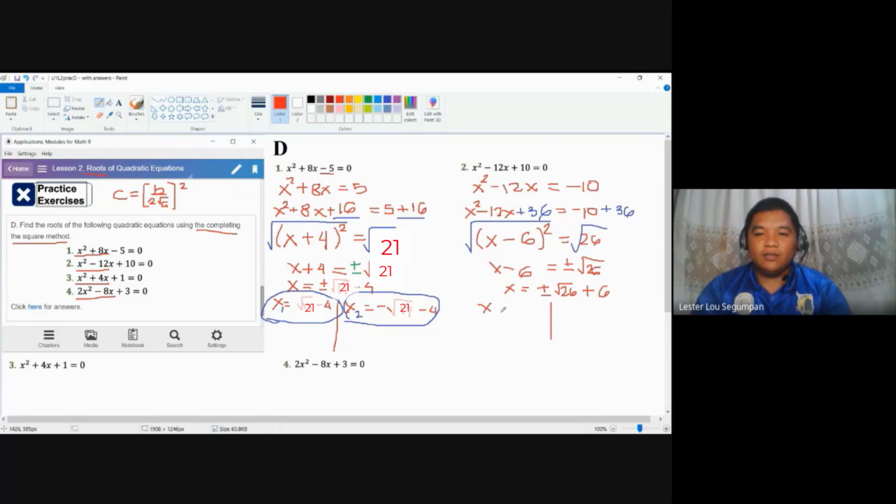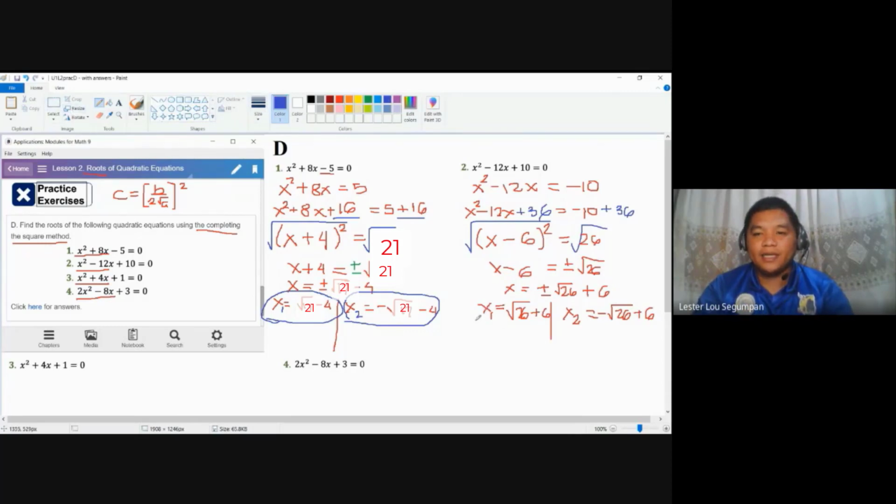So this could actually be x sub 1, positive square root of 26 plus 6, and your x sub 2 is the negative square root of 26 plus 6. These are your roots of the given quadratic equation.